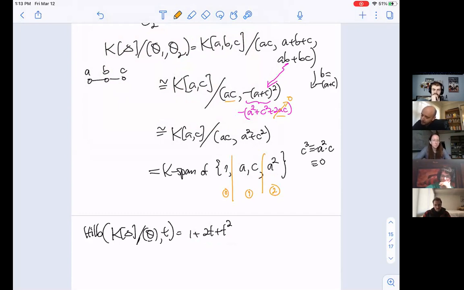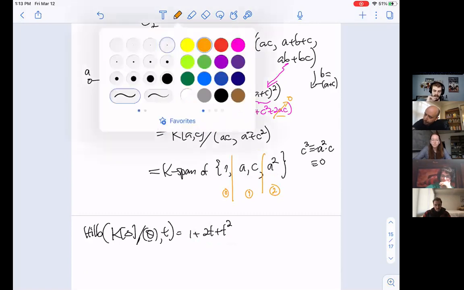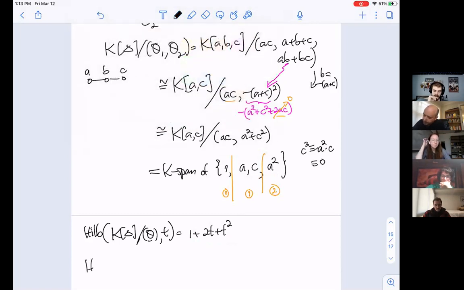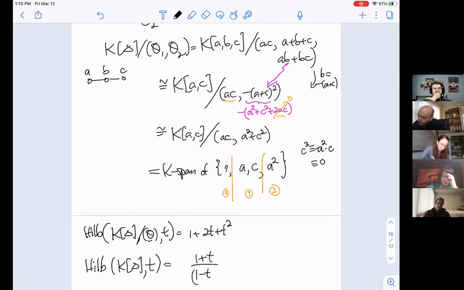And that is correctly related to the Hilbert series for the original, which was 1 plus t over 1 minus t squared. We did that using a different HSOP.